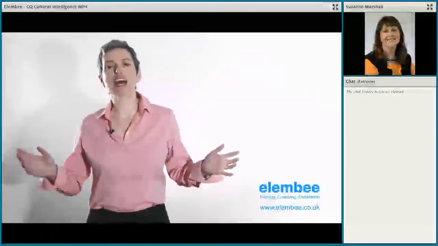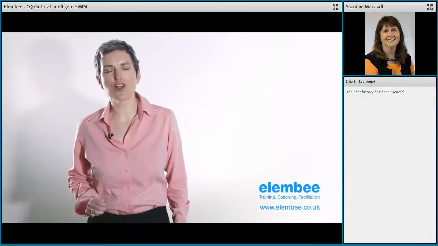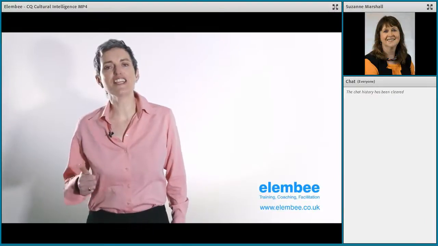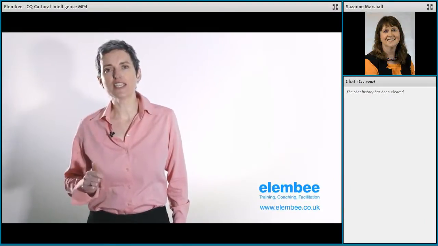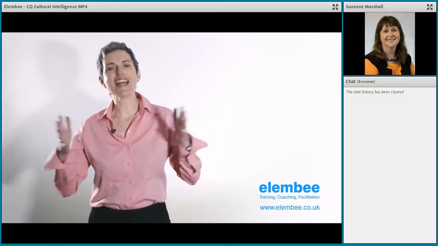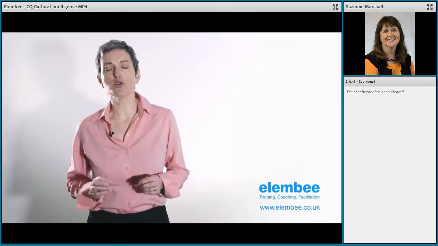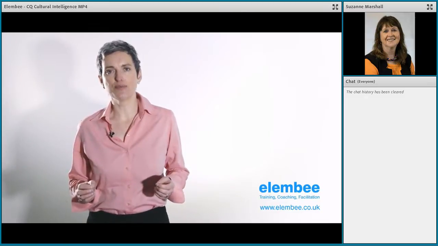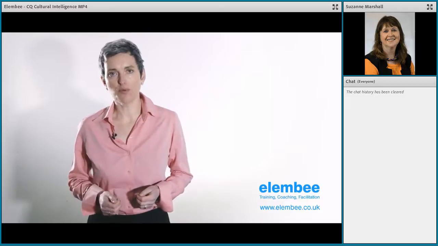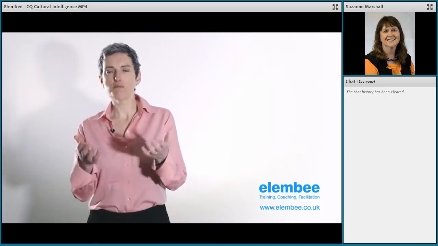Research has found that diverse teams with high CQ are 3 times more successful on indicators such as innovation, productivity, profitability. The world is more interconnected than ever before, and there are rewards for people and organisations who enhance their CQ. The world needs more people with high CQ. Make one of them you.